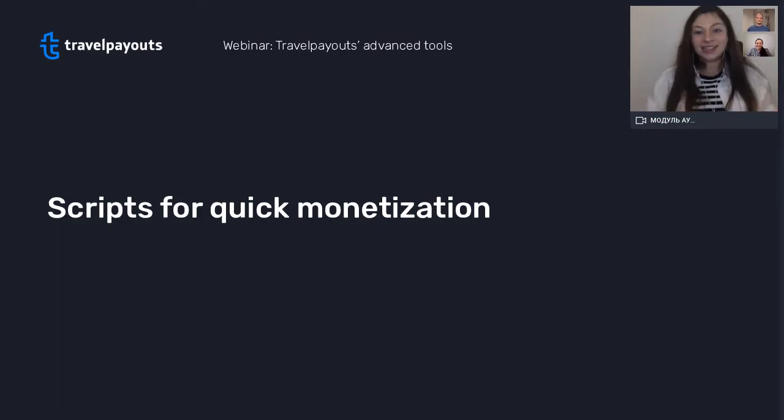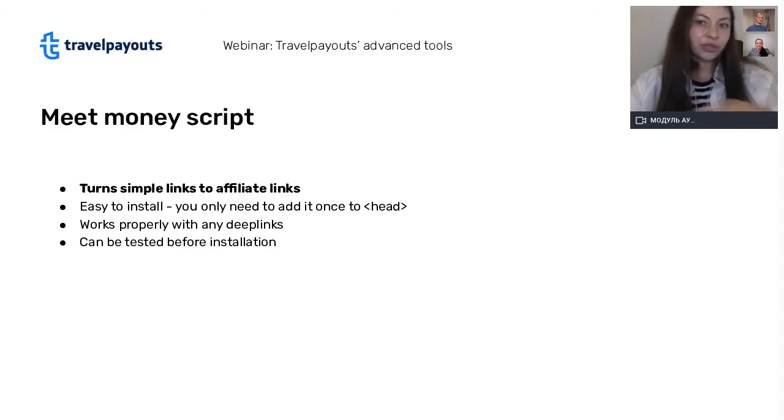And last but not least, scripts for quick monetization. My team has been working not only with APIs and all these complicated backend tools, but with simpler tools like scripts.